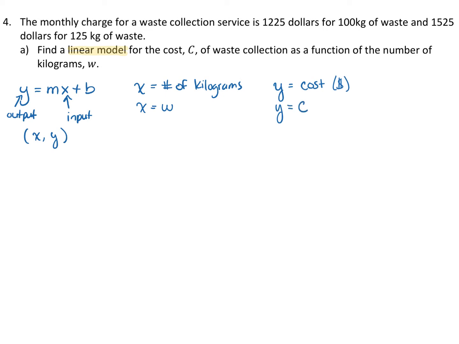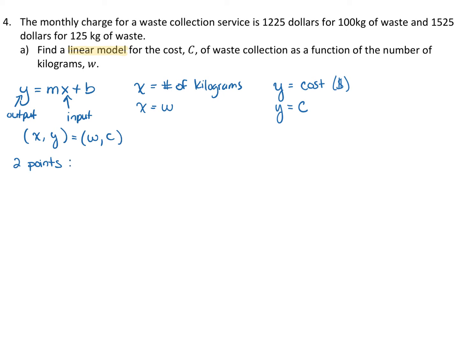So that means that when I write my ordered pair, x is going to correspond with w and y is going to correspond with c. Once you have it very clear what your two variables are, then before you even write the equation, the next thing that you should do is write out your 2 points, so that we can calculate the slope and then write the equation.